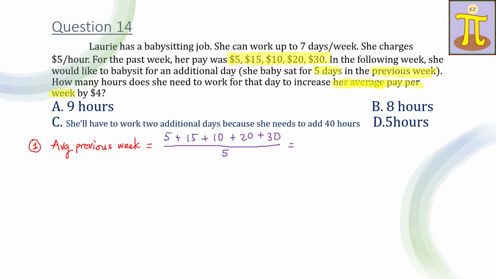So you can divide 5 by 5 to get 1, and 15 divided by 5 you get 3. So you work with smaller numbers. Add 2, add 4, and then add 6. This one will be equal to 16. Okay, $16.